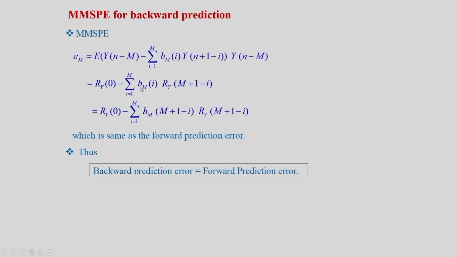Since b_m(i) is equal to h_m(m+1-i), we substitute this h_m(m+1-i) for b_m(i) and we get this expression. If we carefully observe this equation, it is nothing but the forward prediction error. Thus, the mean square backward prediction error is equal to the mean square forward prediction error.